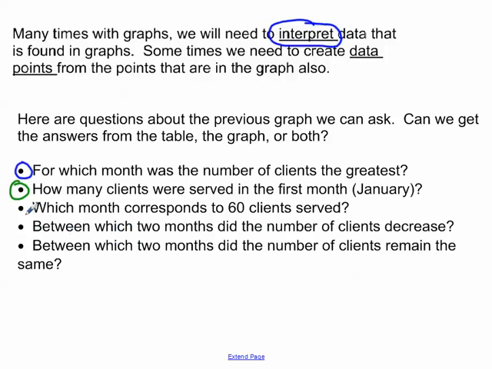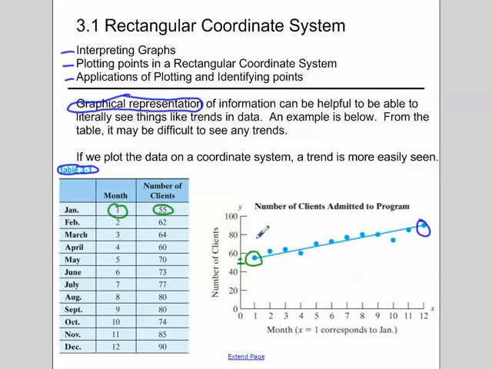These other questions can give us more information about where we can find information more easily. Which month corresponds to 60 clients served? Here's our 60 line. Would the information be better found here? Maybe not, because was it that point or that one or that one?